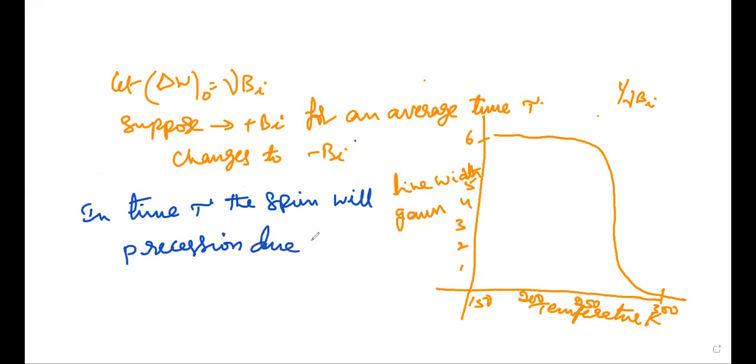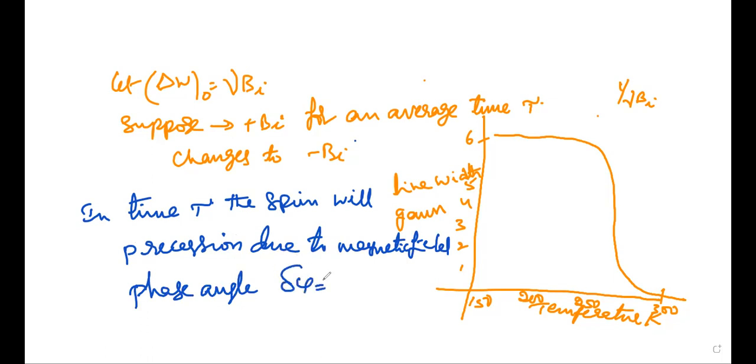Due to precession in some magnetic field, there is an extra phase angle due to the magnetic field, and the phase angle is delta psi equal to plus or minus gamma B_i into t.